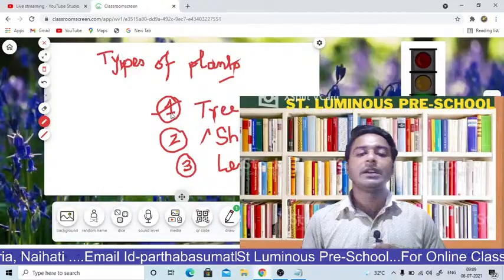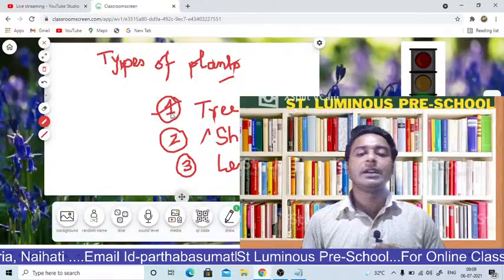Below the tree are the shrubs, shrubby plants, generally of a height below the tree, called shrubs.